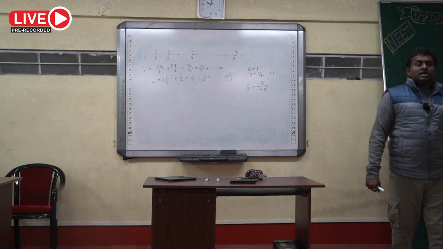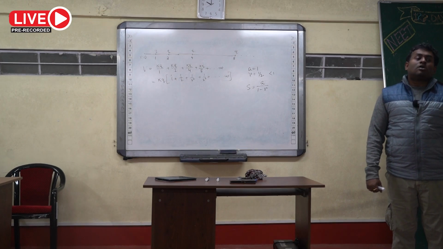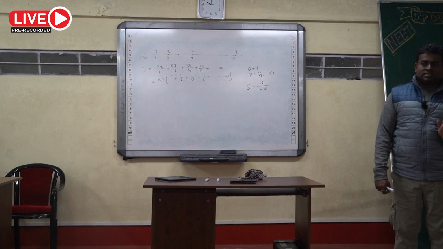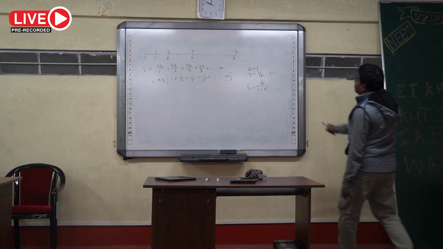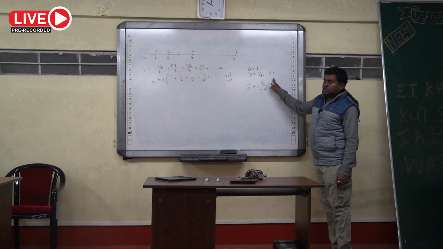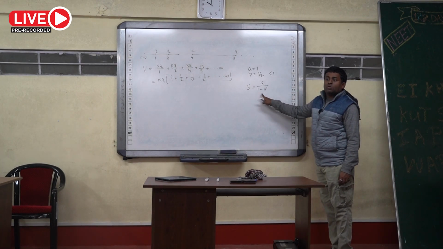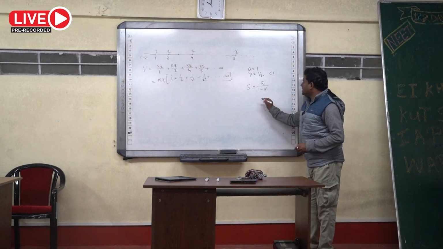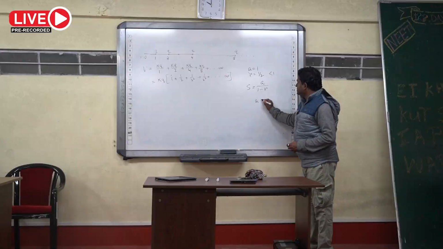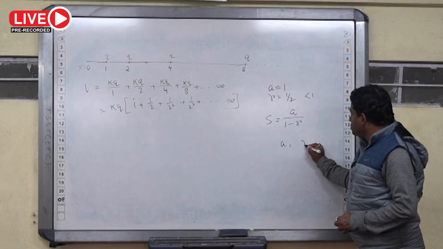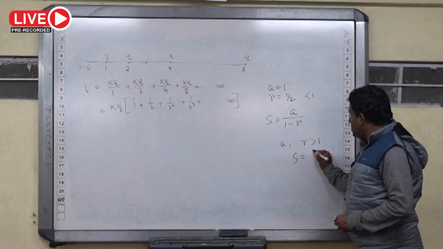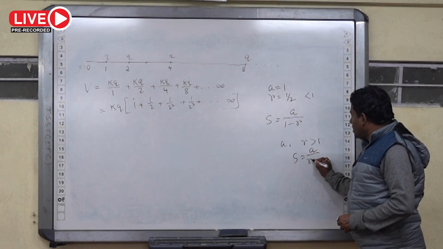If there are an infinite number of terms in a GP series and the common ratio is less than 1, then the sum will be a by 1 minus r. On the other hand, if the first term is a and the common ratio r is greater than 1, then the sum will be a by r minus 1.